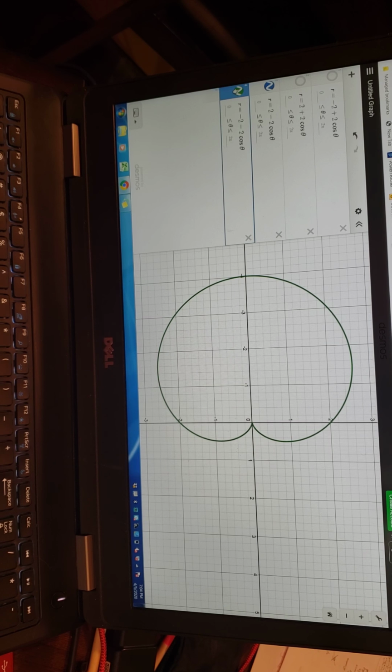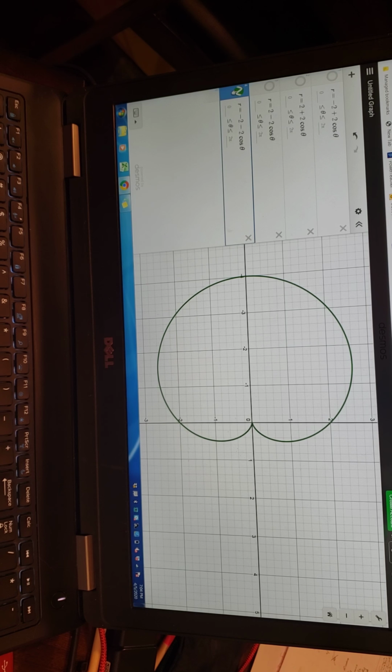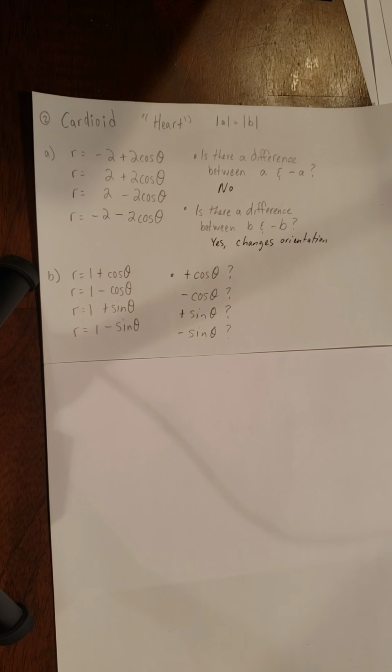But look, same exact polar curve going on there. See that? So length is 4 for all of them. But we can see that B and negative B changes the orientation. So let's make sure we write that down.